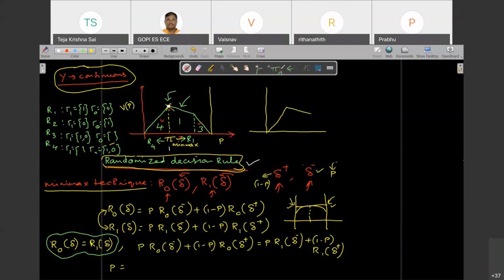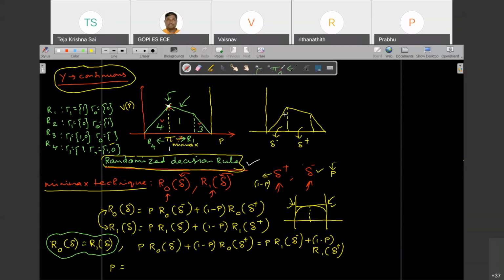Here, this is going to be like this. Talking about this as the rule delta minus, and this is going to be the rule delta plus.